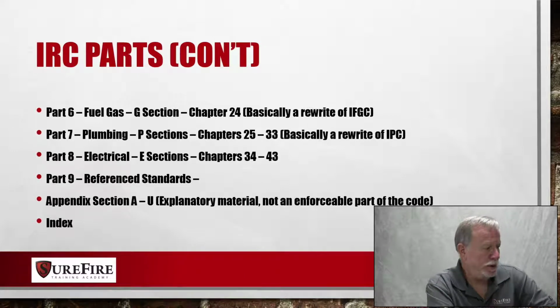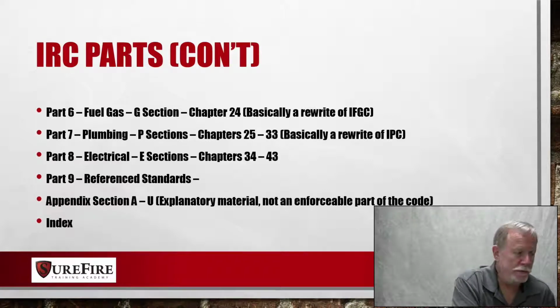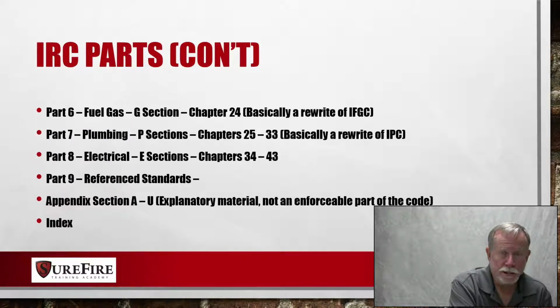Okay. Part 7 is the P section for plumbing. It includes chapters 25 through 33 on plumbing, basically a rewrite of the IPC, or the International Plumbing Code. Part 8, or chapters 34 through 43, is the electrical section.